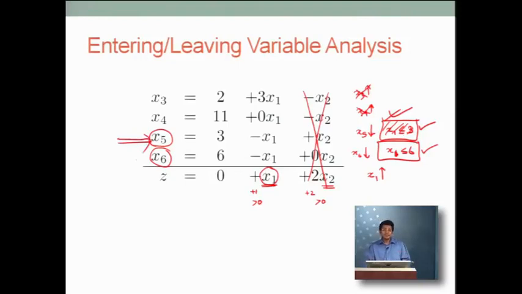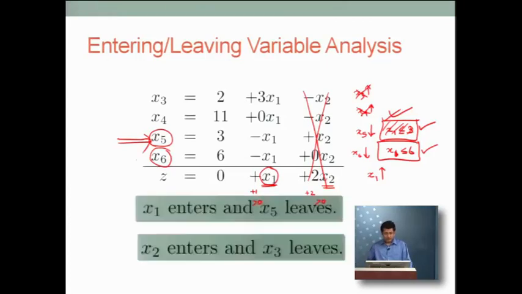This analysis was covered in our previous video, and hopefully you have had enough practice with this that what I've just done is not surprising. If it is, then we need more practice, and hopefully this video gives you more opportunities to practice. So if you did the analysis for x1, you conclude that x1 enters and x5 leaves.